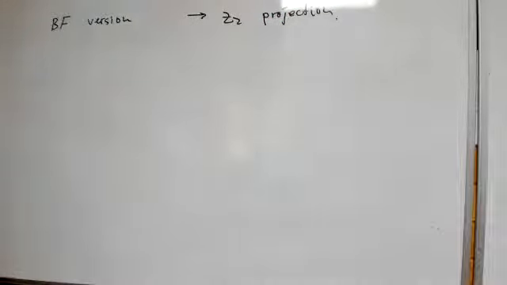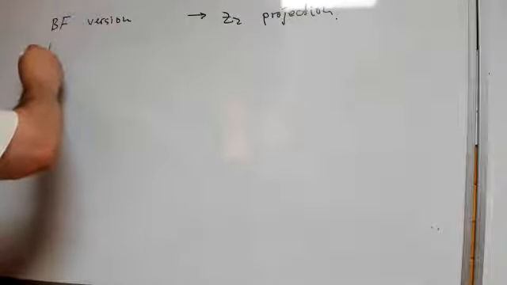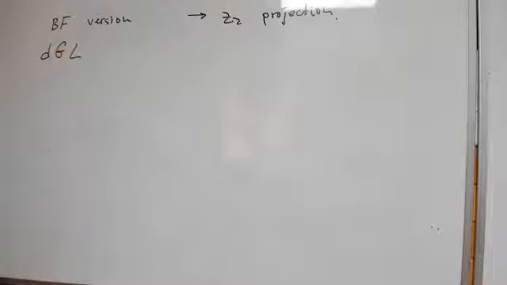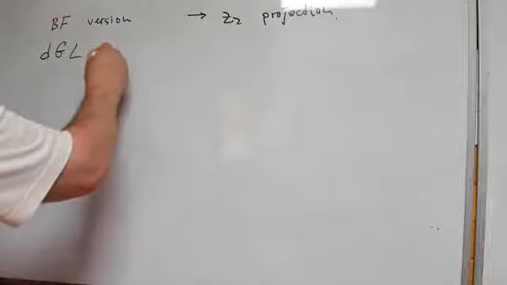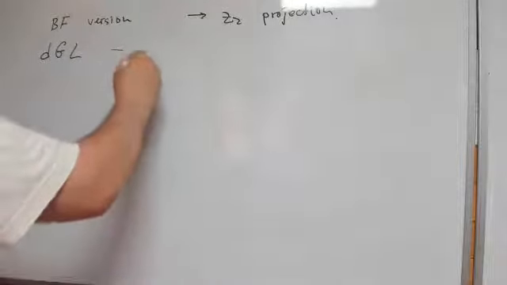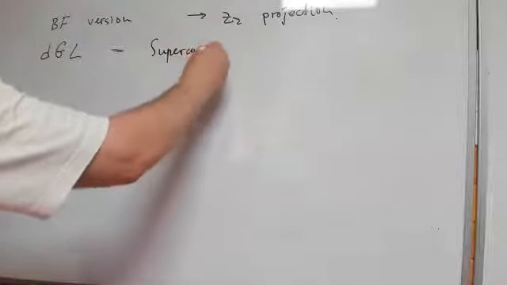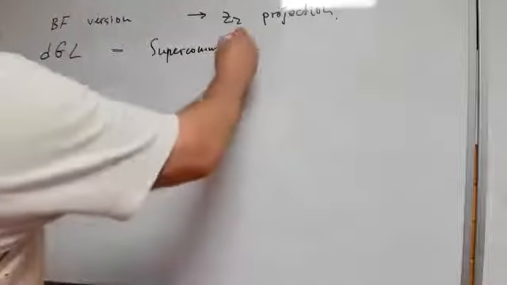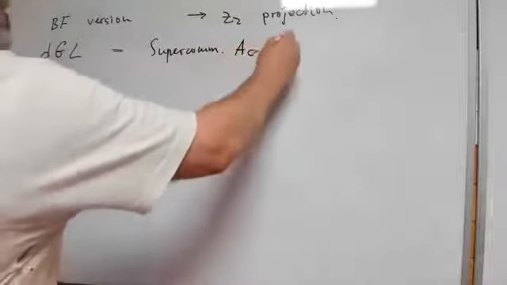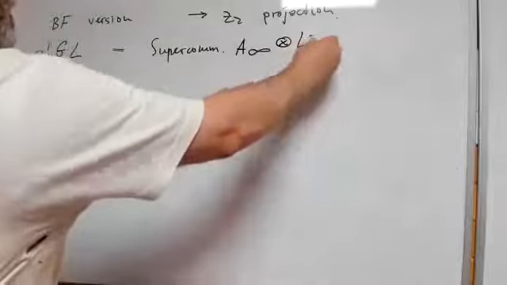So I'm going to write down now DGL. And this DGL would be, as always, supercommutative A infinity times Lie algebra.